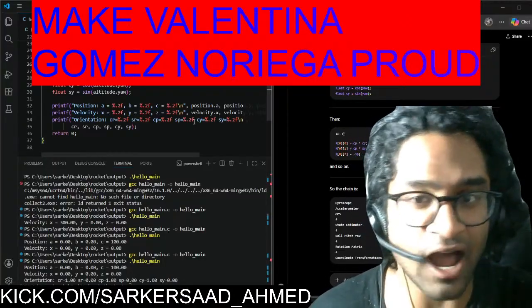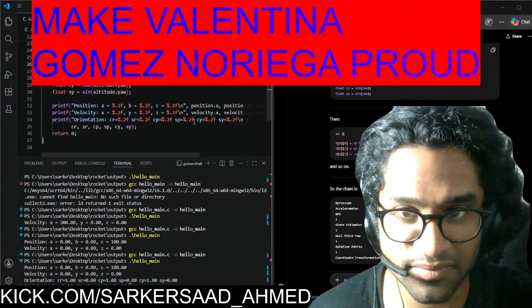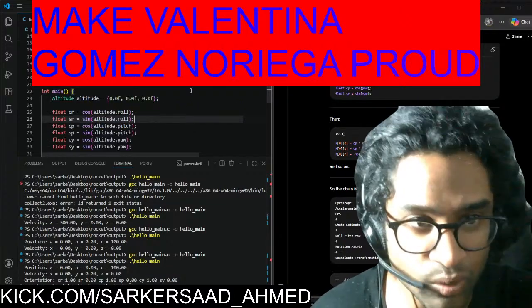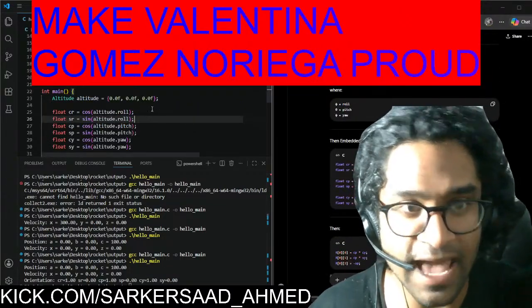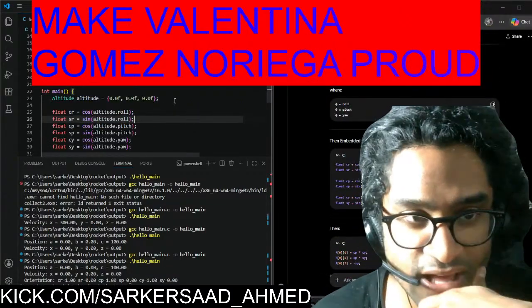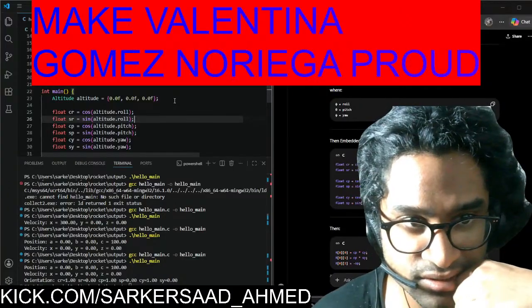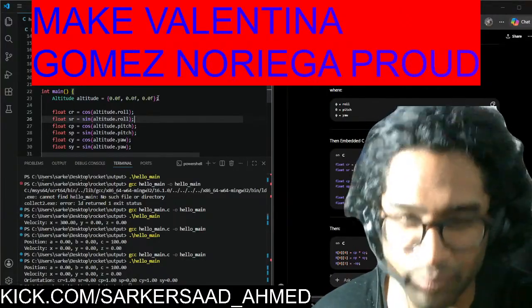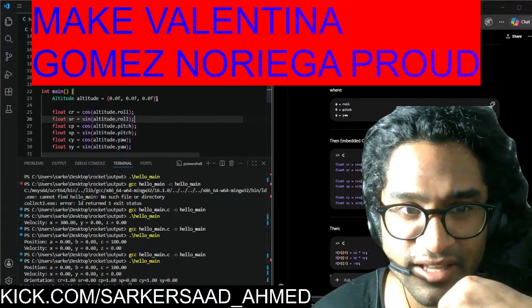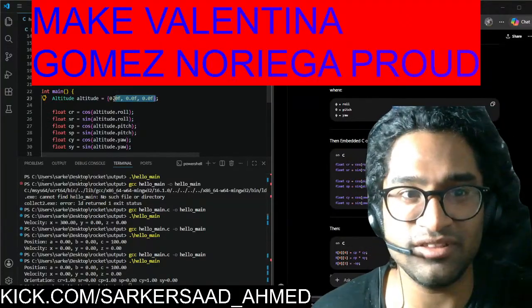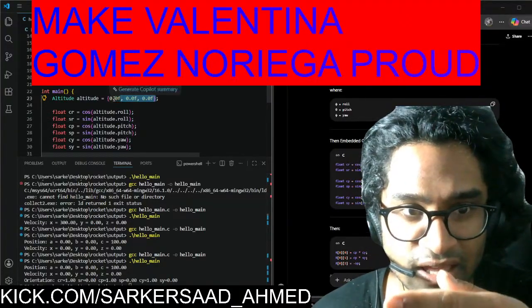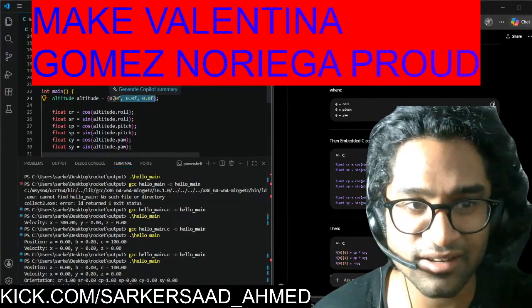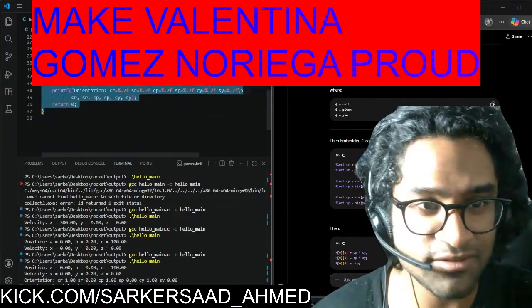My main thing is that I won't know what values exist, correct? I will not know what values will be entering into this altitude, because this means that I'm pretty much inputting the values, correct?